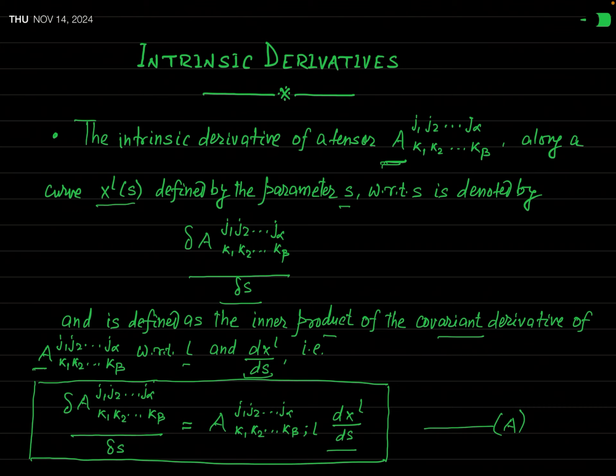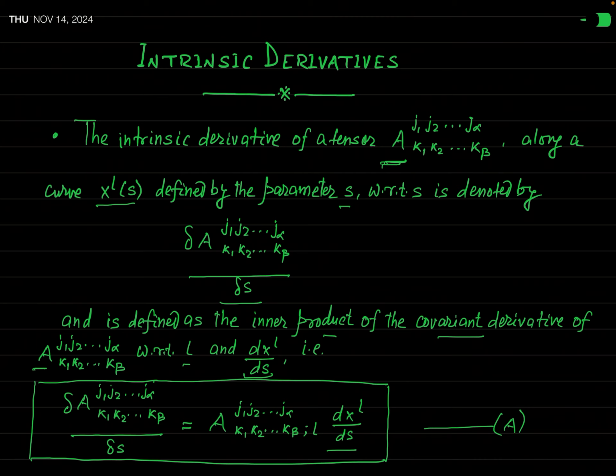So if you know how to find the covariant derivative, it means you also know how to find the intrinsic derivative. But this intrinsic derivative is a very useful concept in general relativity. When we discuss the proper theory of general relativity, you will see at several places we will have to take the intrinsic derivative of different tensors.